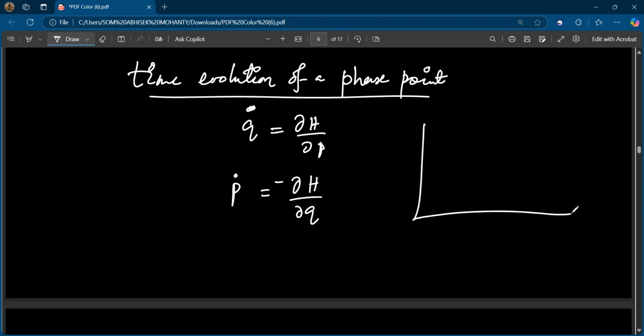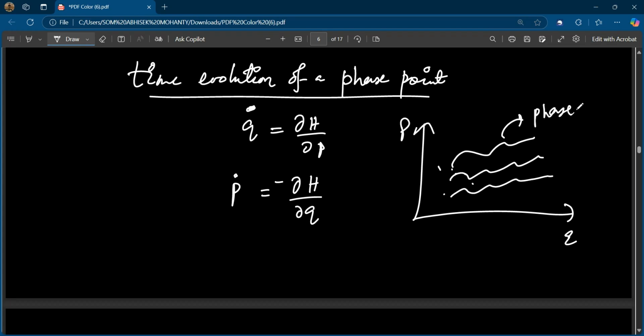With q and p as axes, this is your phase space trajectory, the way the position and momentum of the particle evolve in time.